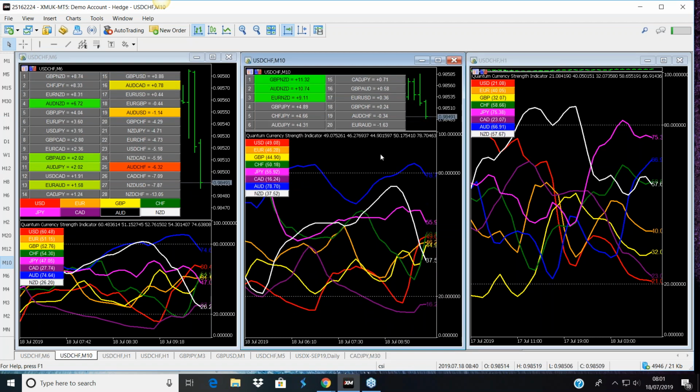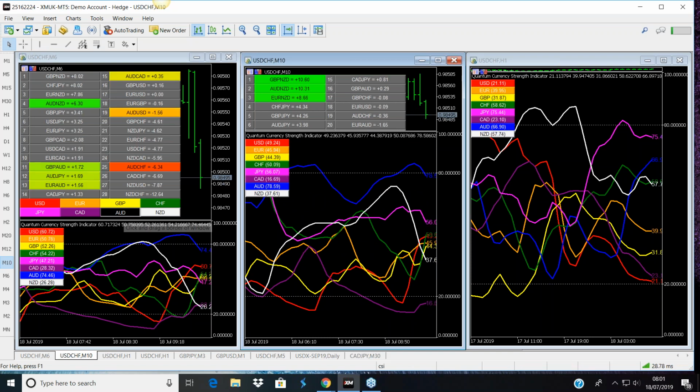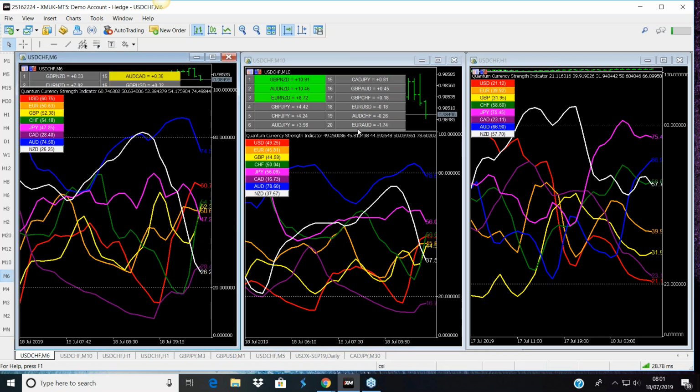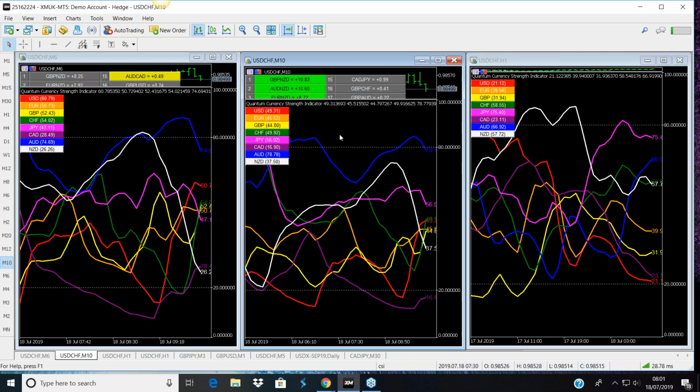There may be enough in those moves in the faster time frames to take a trade. There are two ways of looking at it. You either trade the correction, which is fine, which is counter to the primary trend, the primary move that we see in the hourly chart.